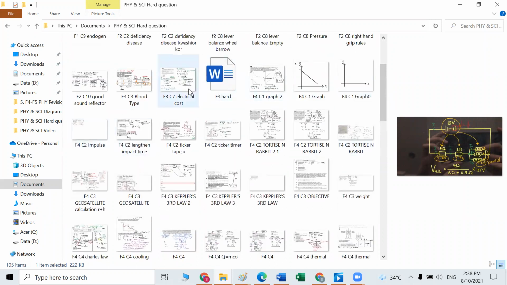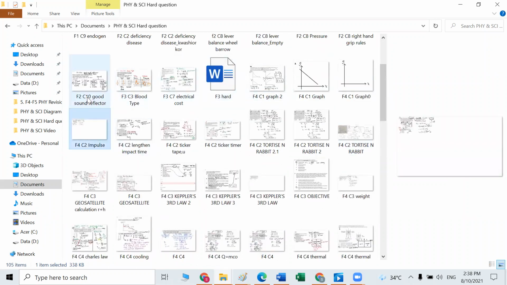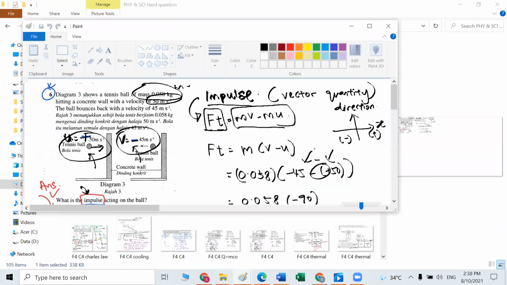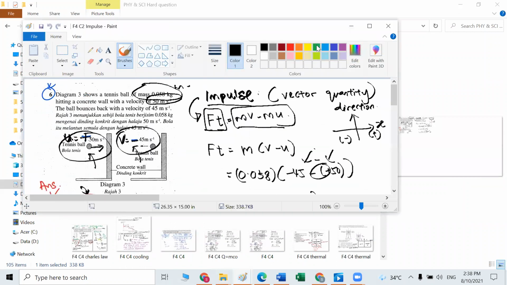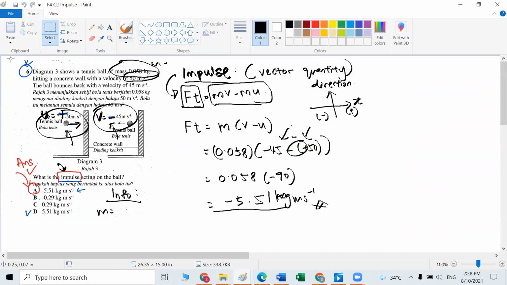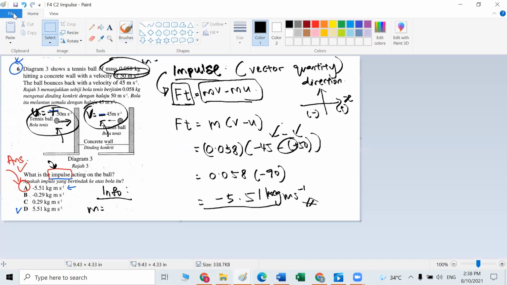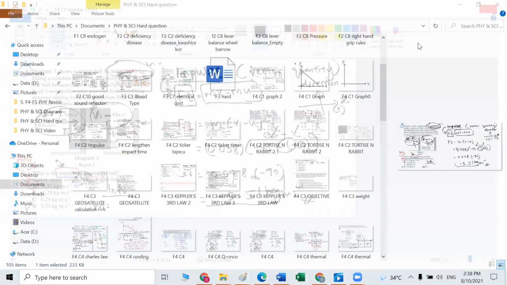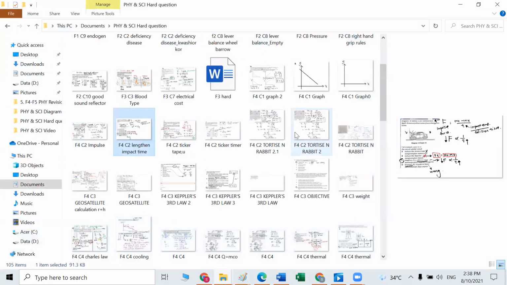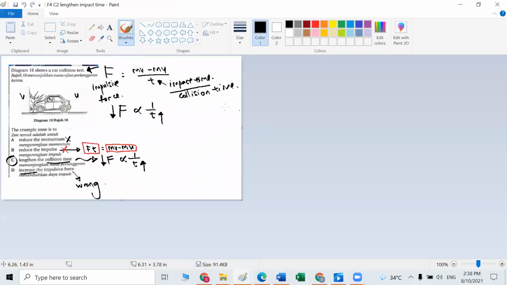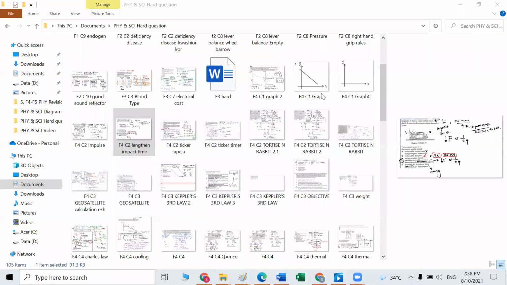Impulse, graph, electric force. Okay, so if impulse, we can use F times T, we can use mv minus mu. And impulsive force, remember lengthen the collision time.